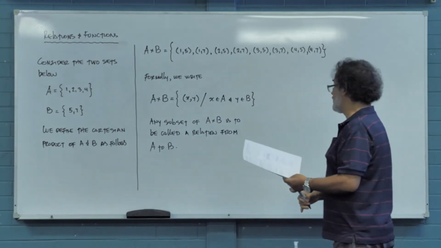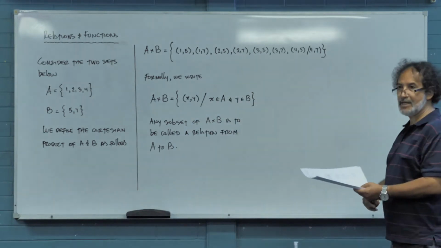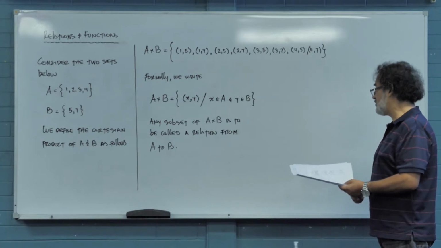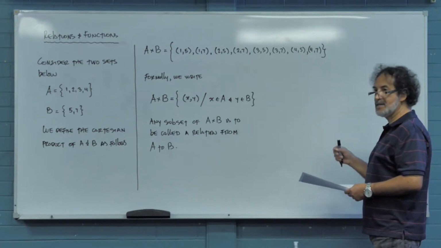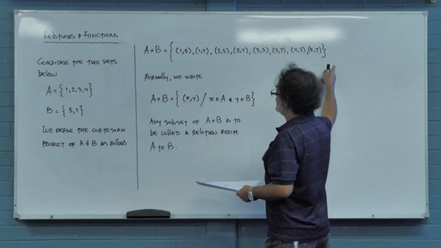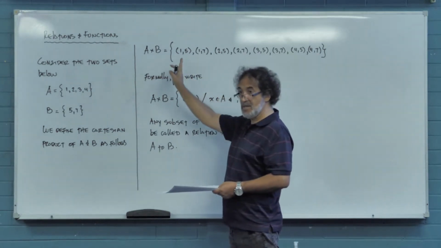Okay, that's it. So in here we're saying that a relation between A and B is simply a subset of the product of A times B. Okay?